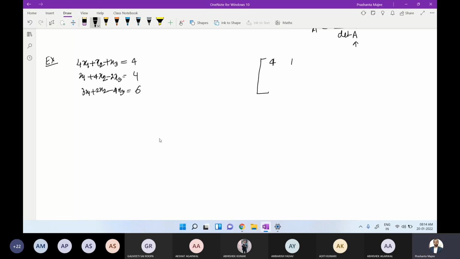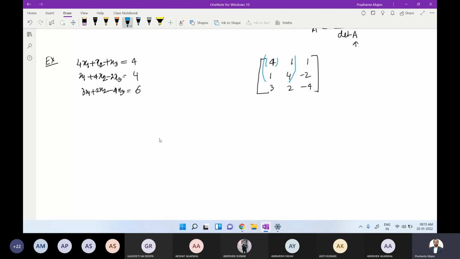Leading minors means, what is the coefficient matrix here? 4, 1, 1, 1, 4, minus 2, 3, 2, minus 4. So the first leading minor is 4, the second leading minor will be 4, 1, 1, 4, and the third leading minor will be the determinant of the given matrix.